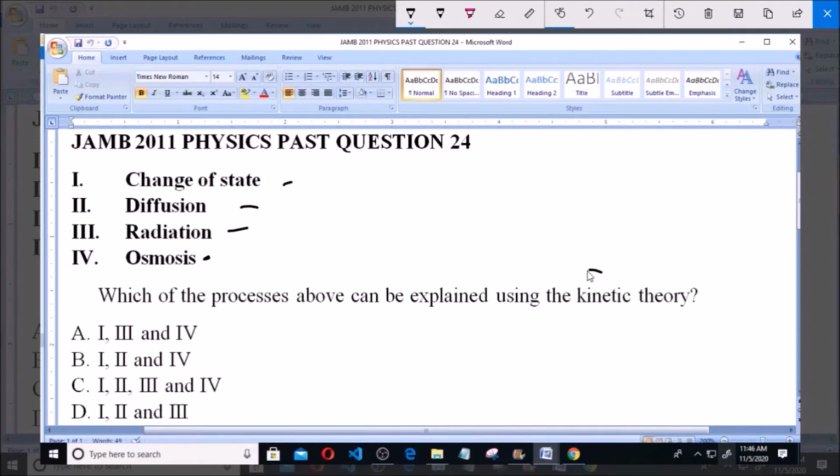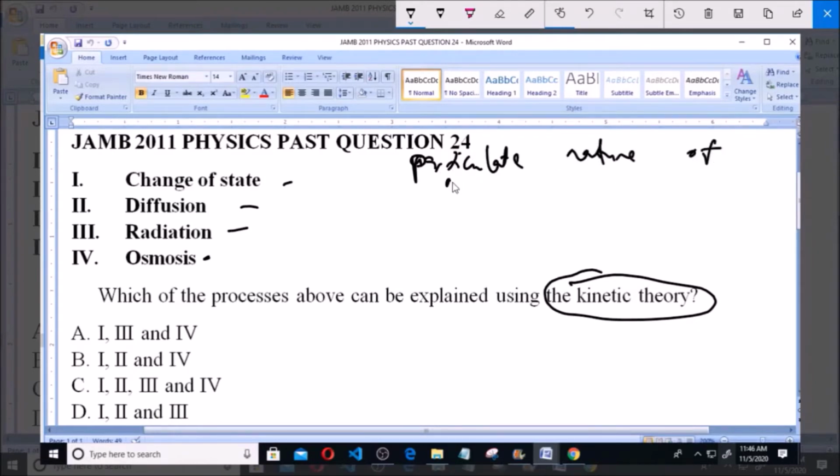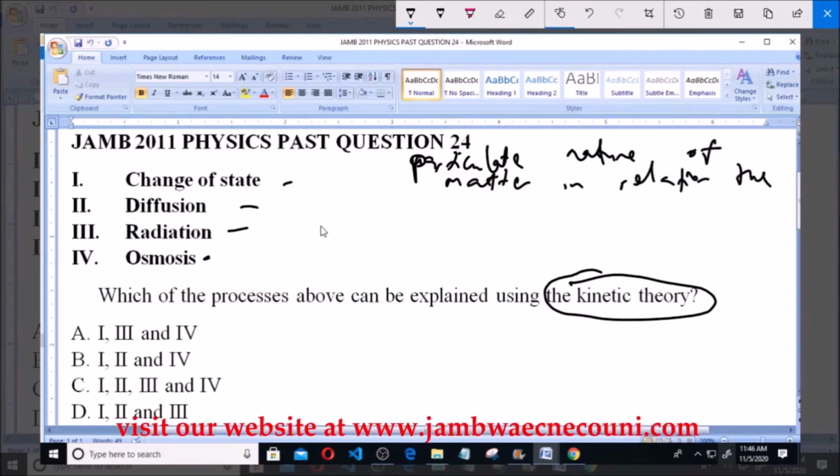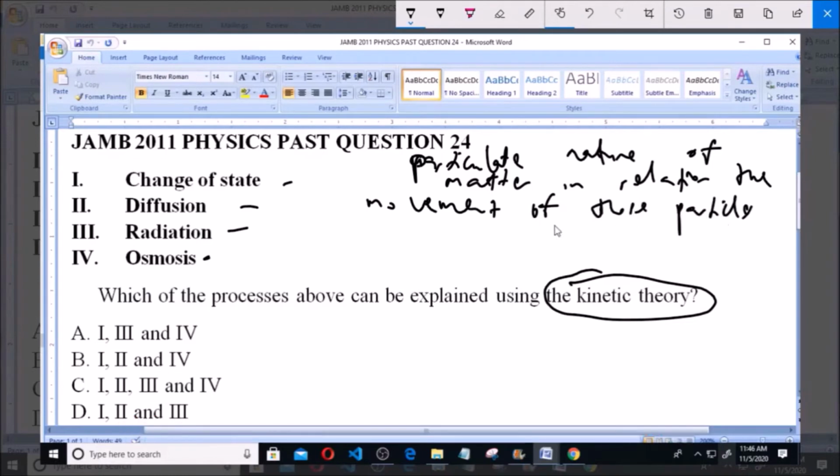Now, the kinetic theory is basically a scientific theory that describes the particulate nature of matter in relation to the movement of those particles with change in certain factors, with the most notable of those factors being temperature.